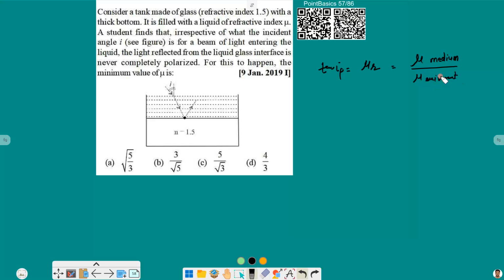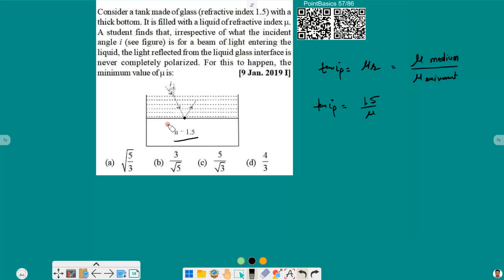So here when light is striking at this point, glass will act as medium, and this liquid, let's say water or some liquid, will act as environment. So tangent of i_p for this one will be equal to 1.5 divided by mu.